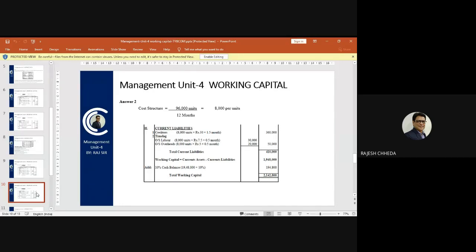Half month is what they have given us in the additional information. So 8,000 into 7.5 into half month, on the calculator you get 30,000. So 30,000 is outstanding labor. Outstanding overheads, 8,000 into 5 into half month, 20,000. Yes, you have done this calculation. So 50,000 is my time lag or outstanding labor and overheads.